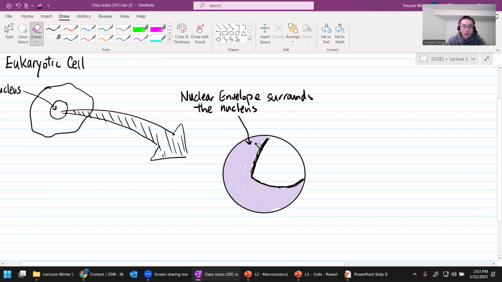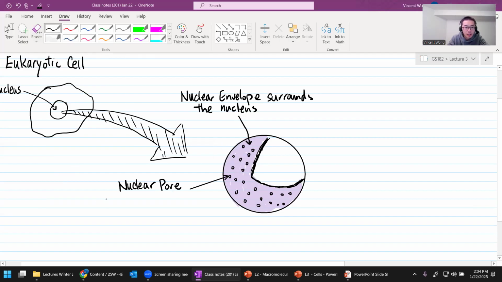So on the nuclear envelope, you will have some pores, some openings. Right? These openings, they are called nuclear pores. Okay, nuclear pore, just one or pores. And they are all over the place on the nuclear envelope.